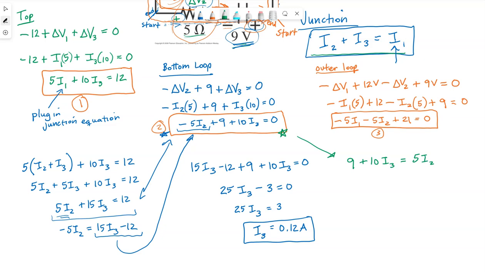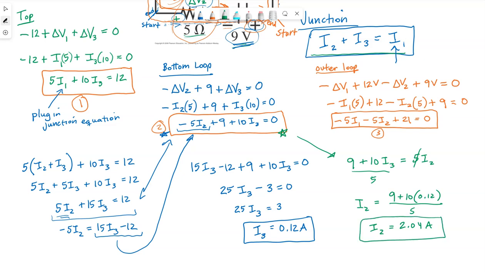I'm bringing the 5I2 to the other side. So if I just divide by 5, this will be I2. So I2 will be 9 plus 10 times the 0.12 we just found for I3, divided by 5. So I'm getting 2.04 amps would be I2.